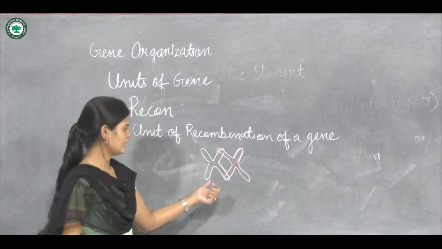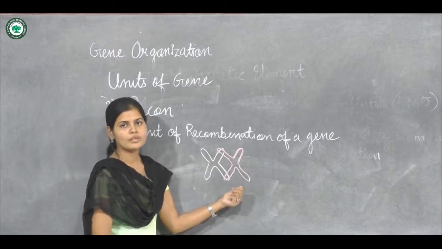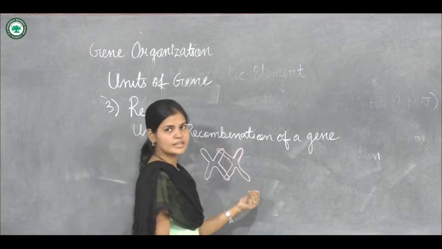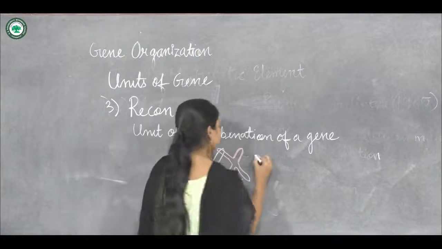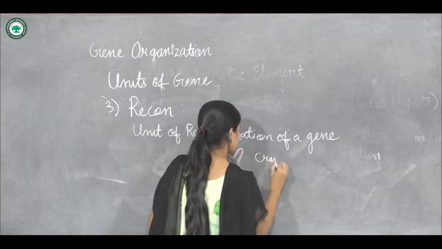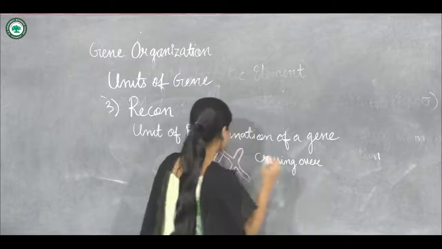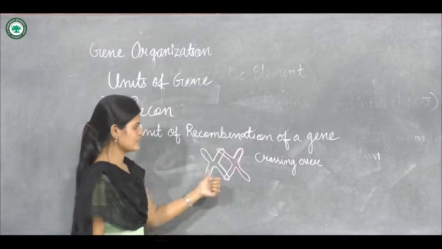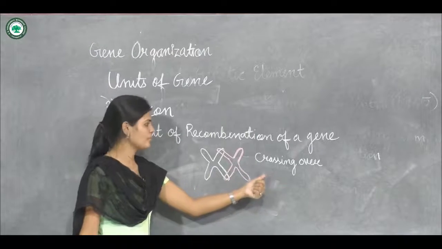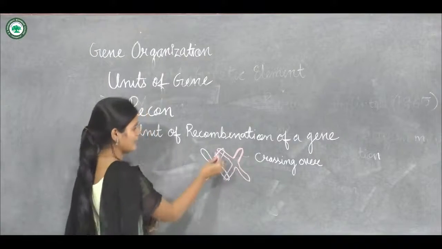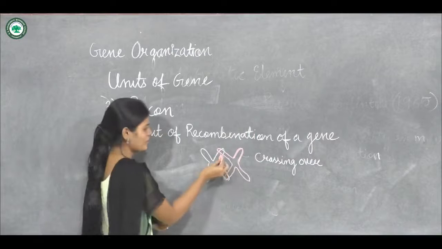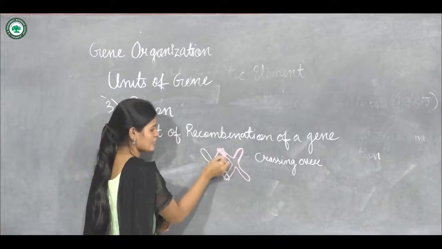So these are the two chromosomes. When crossing over occurs in the pachytene stage of meiosis, then the recombination process will occur.